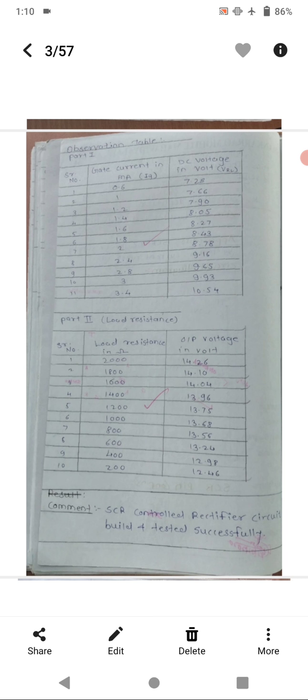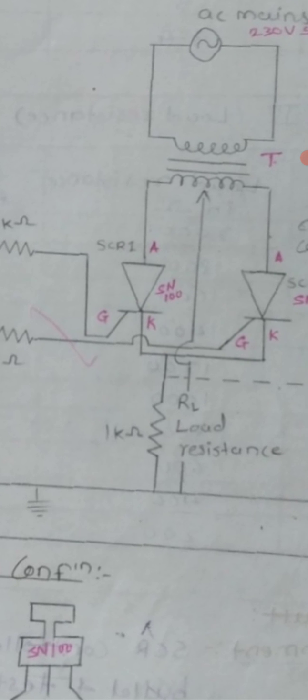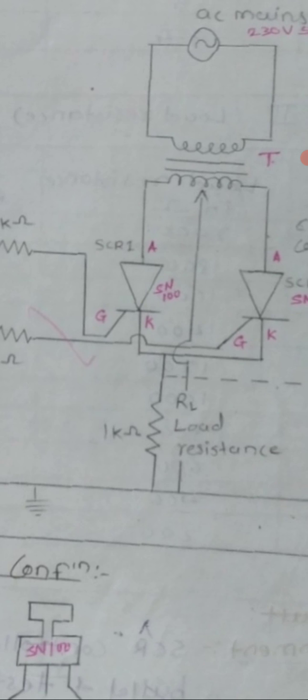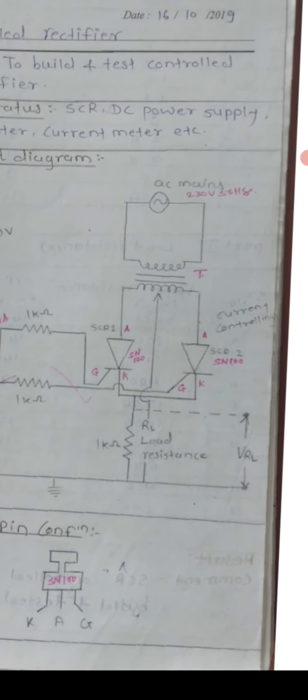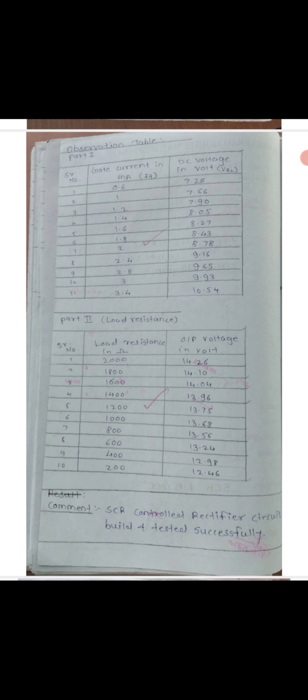In our circuit diagram the load resistor is 1 kilo ohm, where the cathode terminals of both SCRs are connected in common, and a 1 kilo ohm resistor goes to ground. Across this resistor the voltage is measured, and this is the DC voltage in volts.